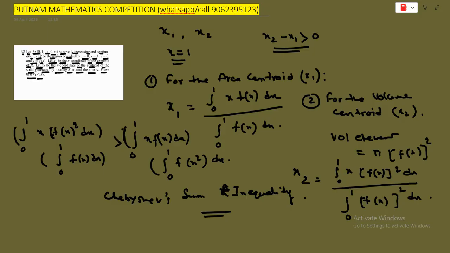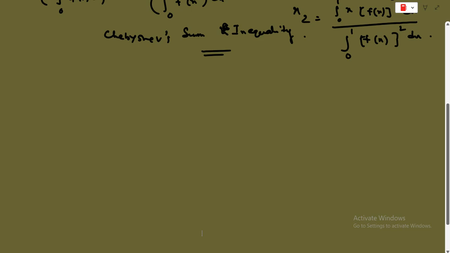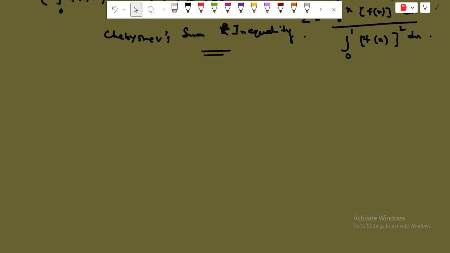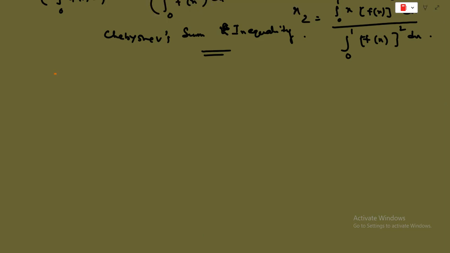So let's define a weighting function now. Let g(x) be equal to f(x) divided by the integral from 0 to 1 of f(t) dt.